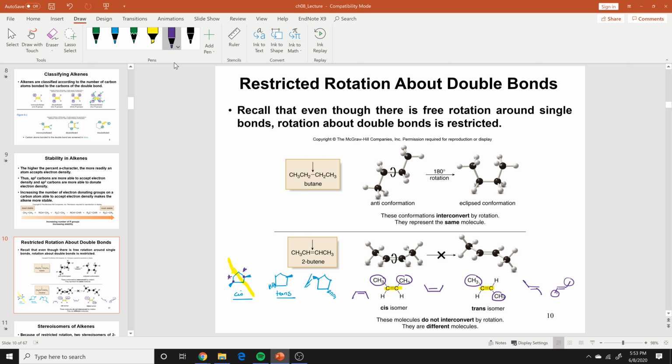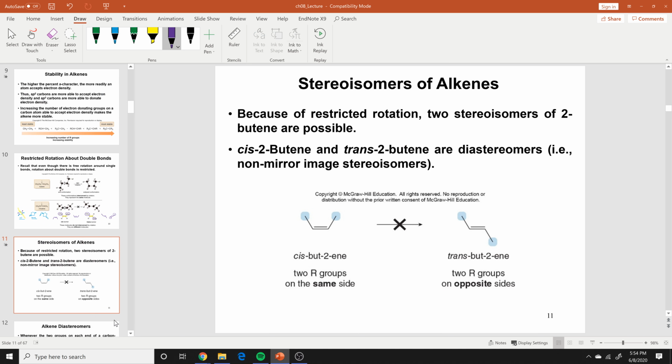These are called geometrical isomers. Cis and trans, geometrical isomers, and the carbon double bond carbon is a stereocenter. Stereocenter means that the groups around it exist as either on the same side or on opposite sides.